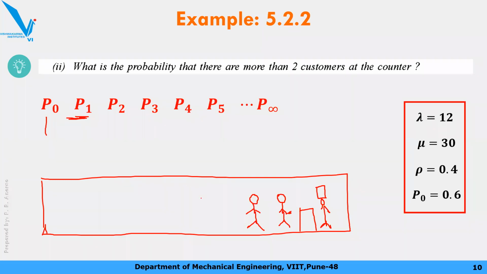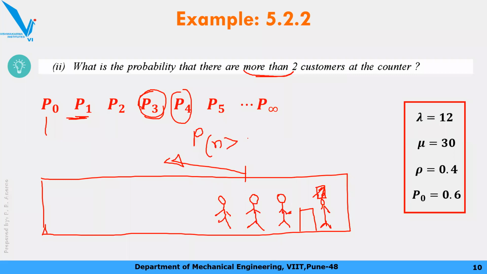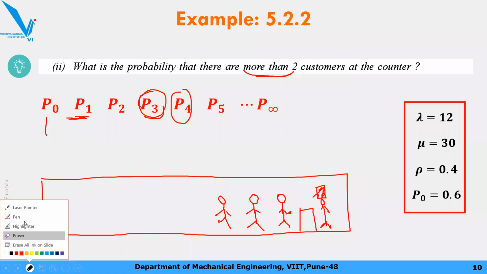P3 means three customers in the system. But our question is more than two customers. We can calculate the probability of three customers, of four customers, but we haven't seen a formula for the probability of having more than two customers. But if we understood this concept of queuing theory, we will be able to answer this question without that formula.